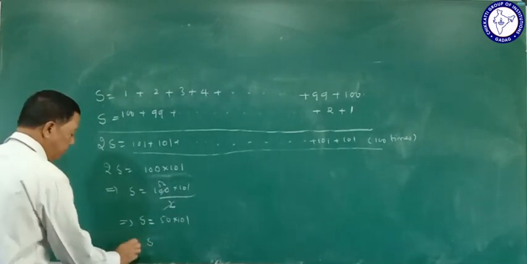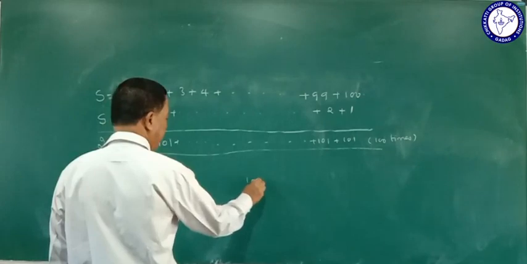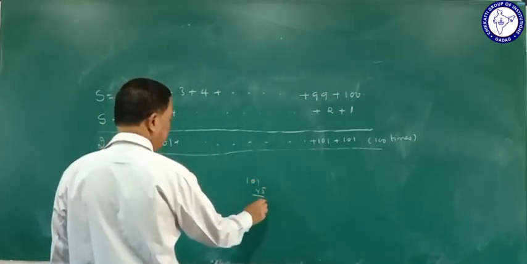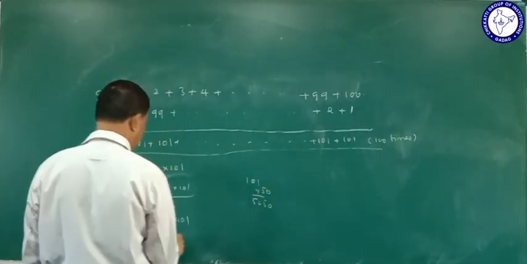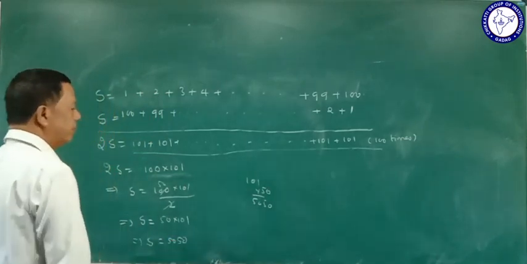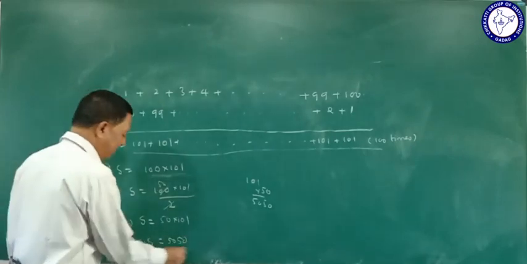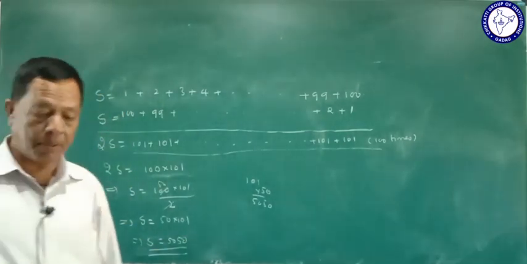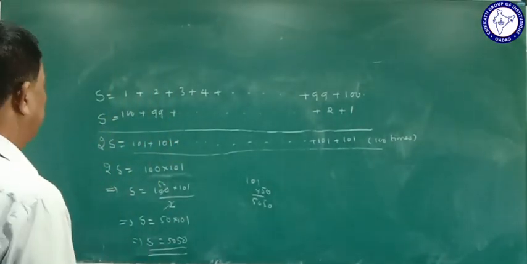So S is equal to 101 into 5, which is 505, and with the zero, 5050. See, this is the right answer. See how he planned. This is a very interesting plan of calculation, so anybody can understand this.